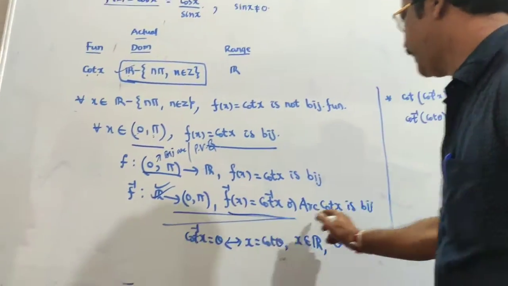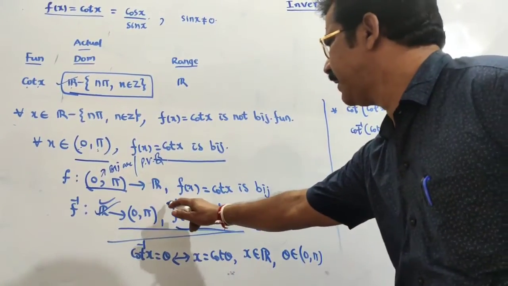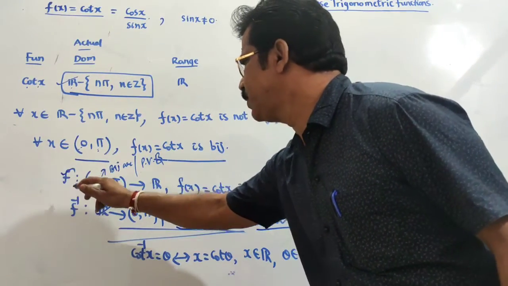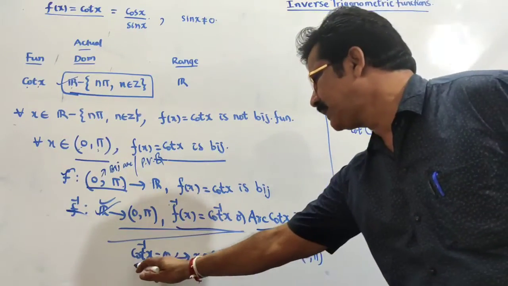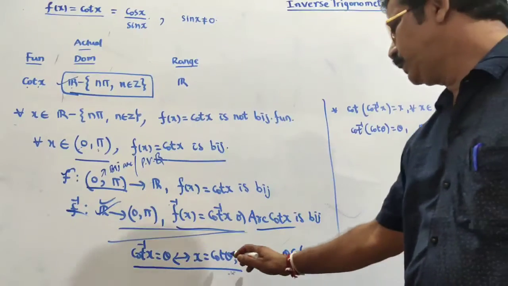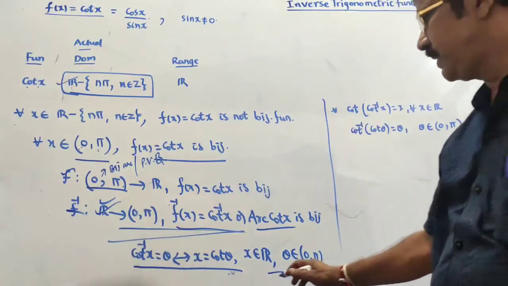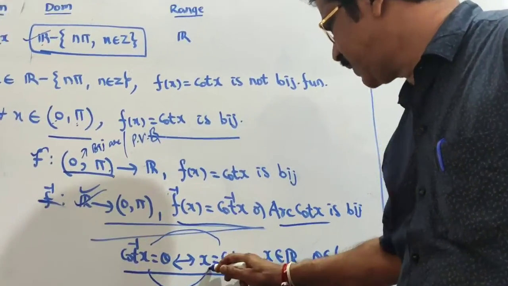Thus f inverse x equals cot inverse x, from R to the restricted interval. In this area f is bijective, therefore f inverse is also bijective. Cot inverse of x equal to theta implies x equal to cot theta, subject to the conditions.